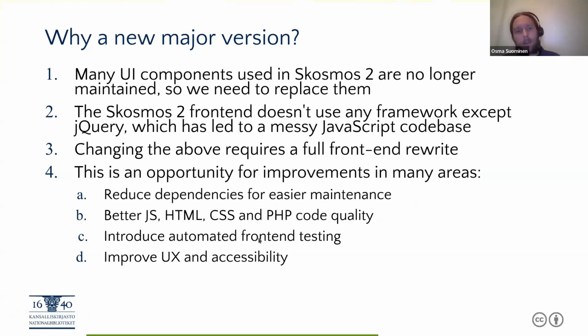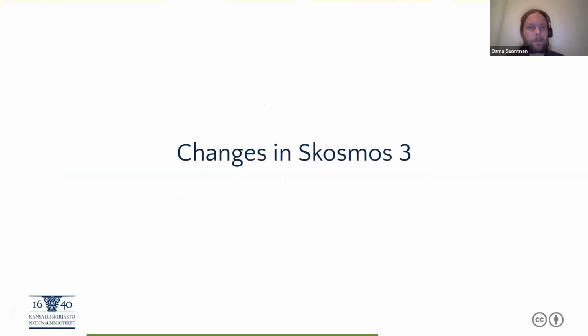We could introduce automated front-end testing. Previously we only had back-end tests, and then we could, of course, generally improve the user experience and accessibility and all these kind of nice things. If we're going to redo it, we can learn from the past mistakes. So with that, let's move into the changes.